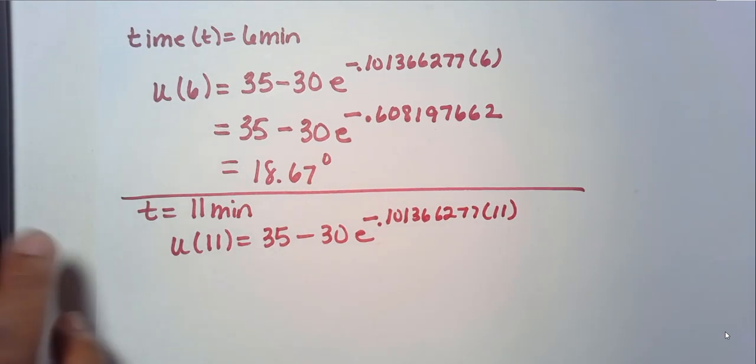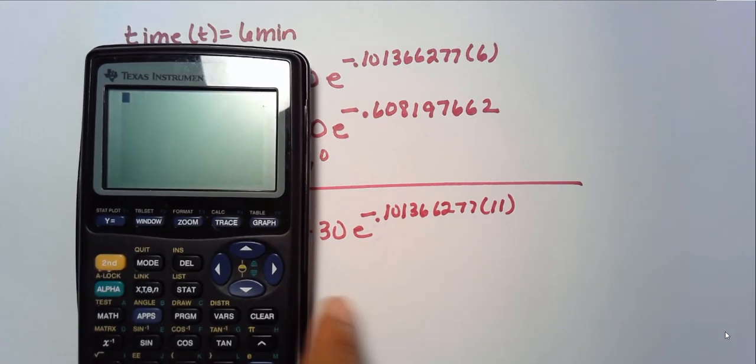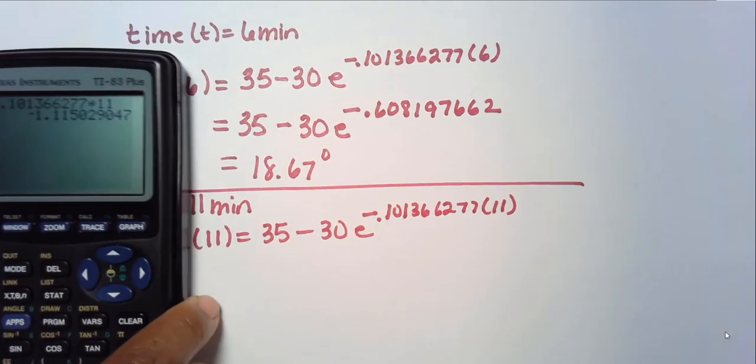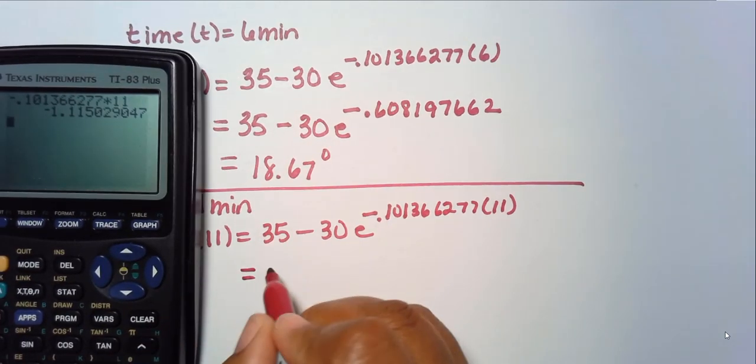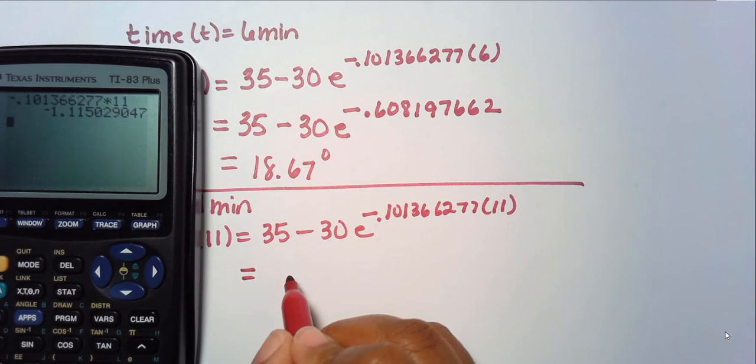Let's multiply the exponent component. Do this in parts. It'll help make sure you have the correct answer as you enter the information in the calculator. We have negative 0.101366277 times 11.